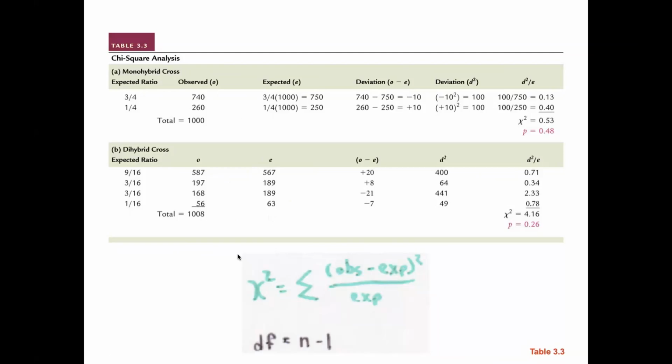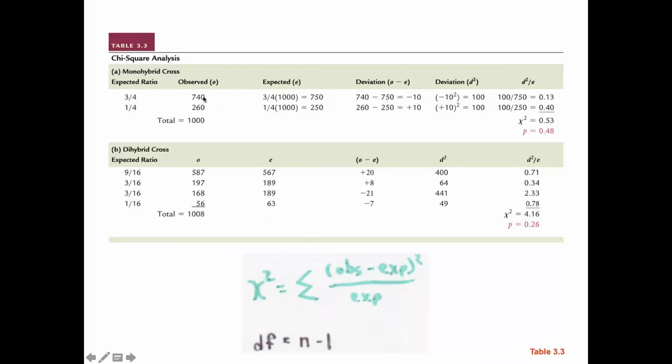So here's the formula. Chi-square is simply equal to the summation of the difference between observed and expected squared divided by the expected number. And that's a number that you calculate for each of the different phenotypic classes in your data set. So what do we mean by that? Just take this first phenotypic class of the monohybrid experiment.